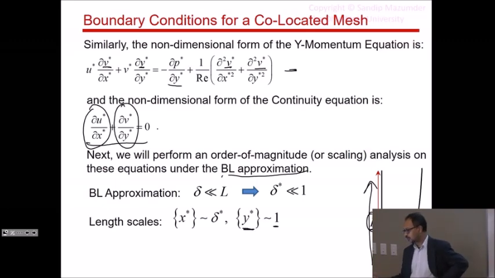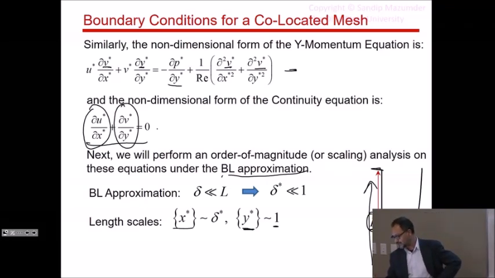Why? Because the range of y star goes from 0 to 1. If a value is, let's say, 0.9, then we say, okay, it's pretty close to 1. Of course it could be close to 0 also, but here what we are looking at is sort of the maximum order of magnitude. Okay, so that's what we are looking at.